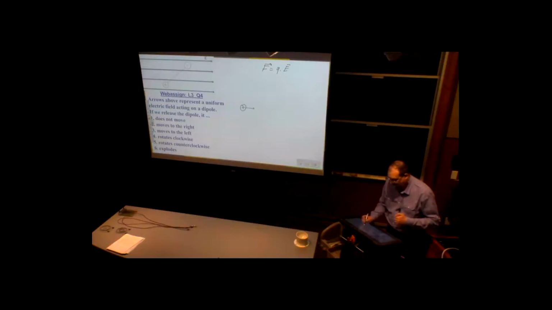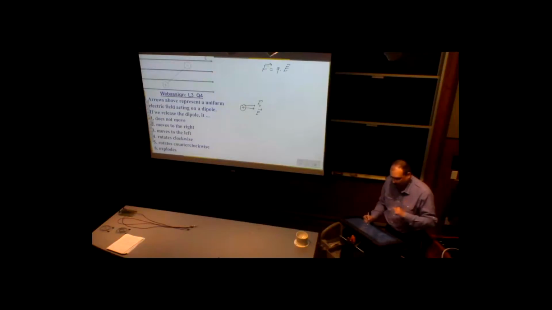The electric field points to the right. That means the force acting on this positive charge points to the right. For the positive charge, electric field and electric force always point in the same direction.